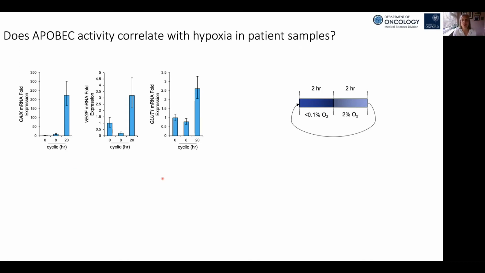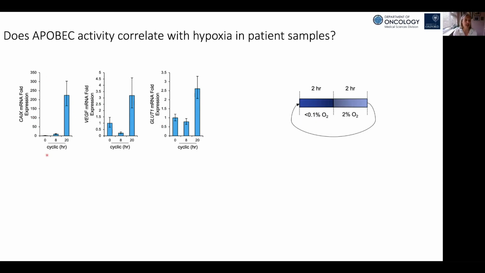So the hypoxia gene signature is predominantly composed of or includes HIF target genes. Now, if you think about our cycling conditions, both of these levels of hypoxia would lead to HIF1 alpha accumulation and then therefore increased expression of the genes in the signature. And examples of that are just shown here.